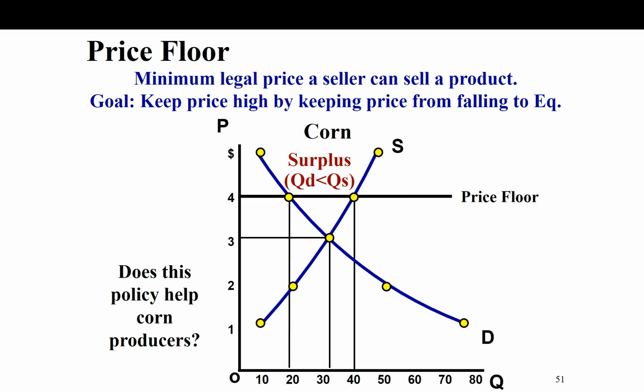And so this is intended to benefit sellers so that the price cannot drop below $4 in this case and go to that $3 equilibrium price, which the government looks at and says that is too low. We want to help the sellers out in this situation, and so we're going to set a higher price.